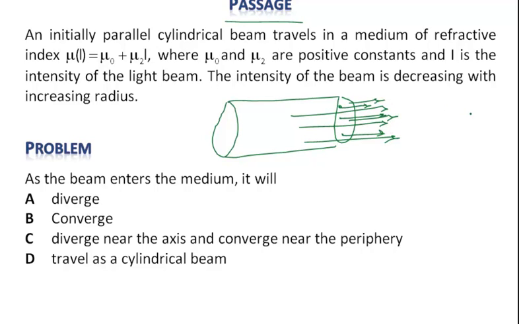Now if you look at the cross section of it, it is like this. Rays are coming, these points indicate the travel of the ray. That means they are into the plane of the circle. Okay, now this is the case.